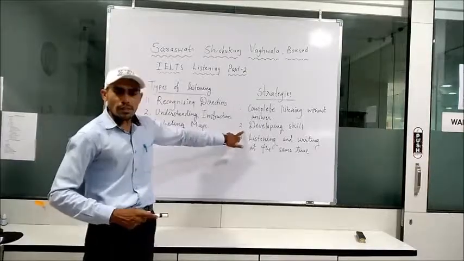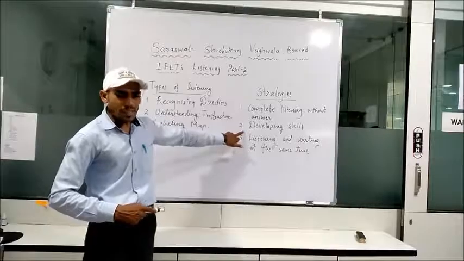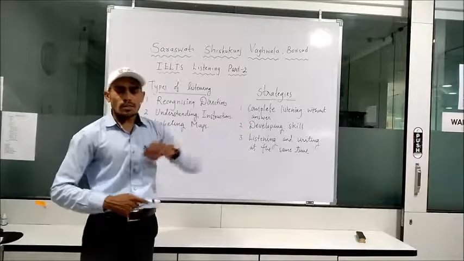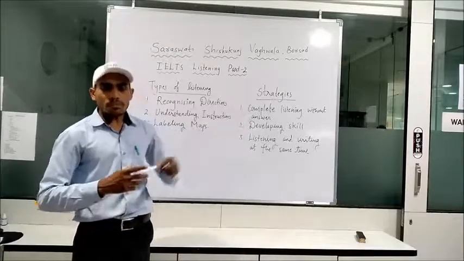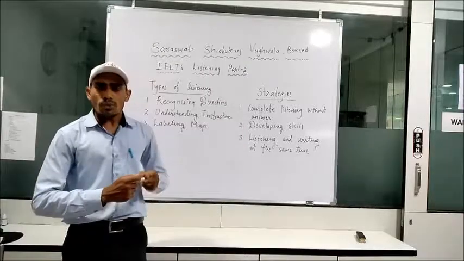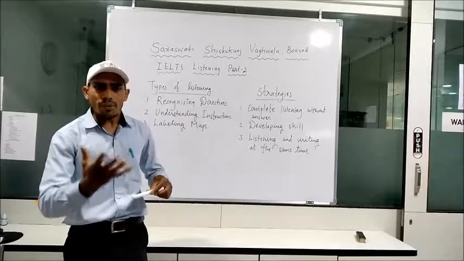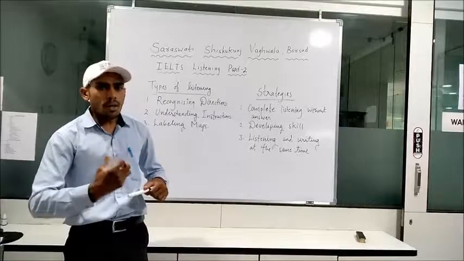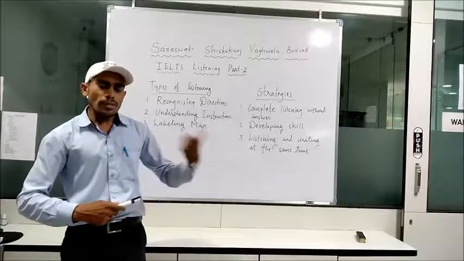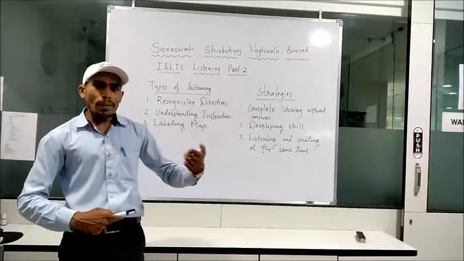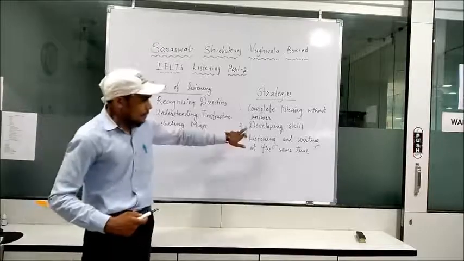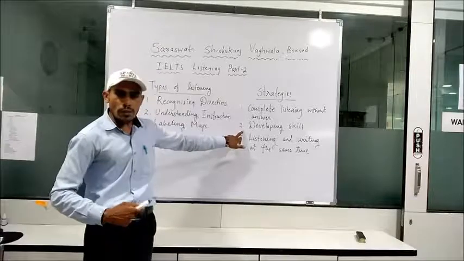The second strategy we have over here is developing skill. Students, what you need to do? You need to develop a particular skill. How you can develop? By listening. Practice, practice and practice. When you practice, definitely you are going to develop a skill.